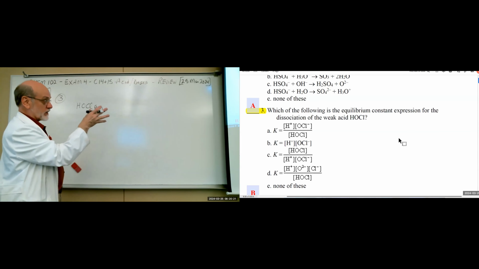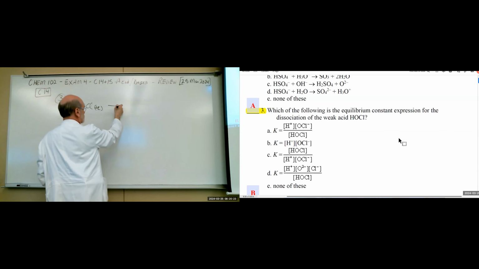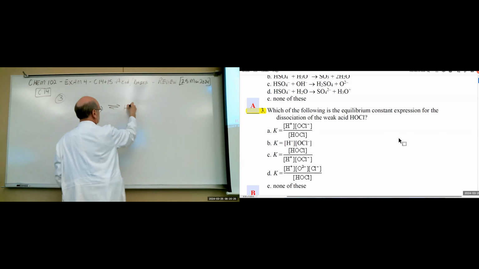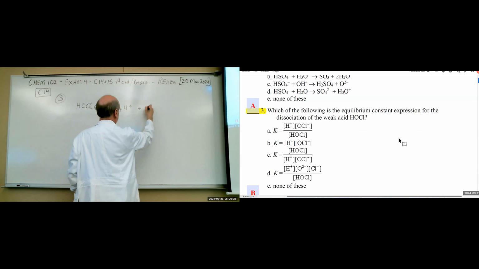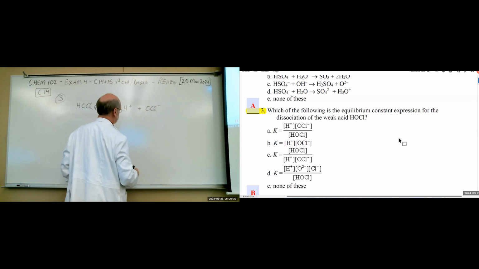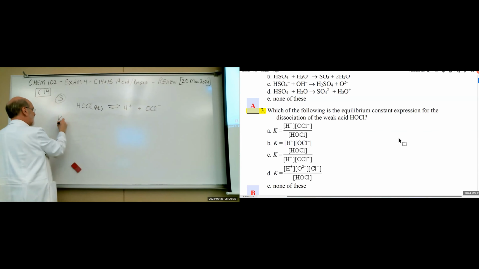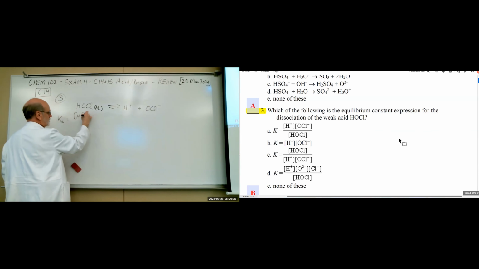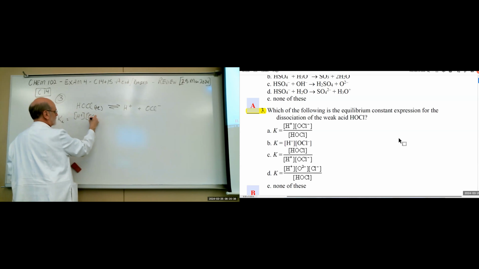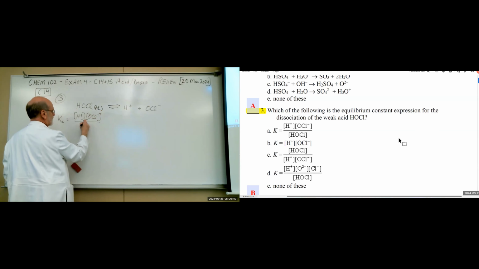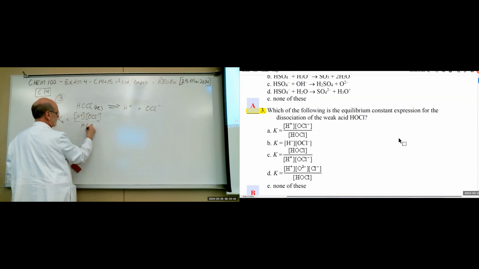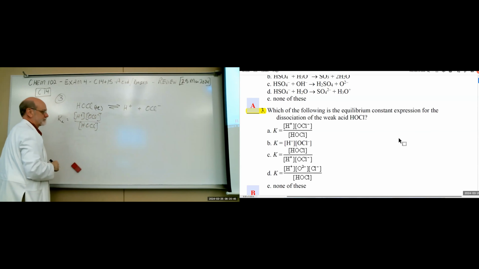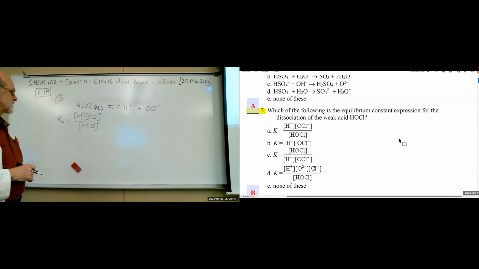All right, so we're going to use the simplified version. We're just going to dissociate with a proton and what's left over. Okay, so if we write the Ka for this expression, we have the proton, conjugate base, and the undissociated acid. Okay, it looks like A to me.